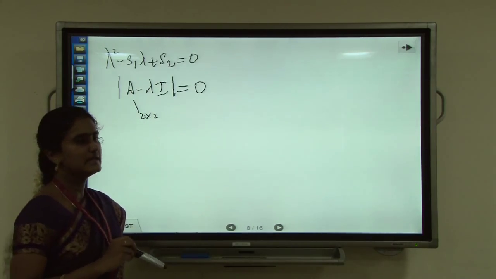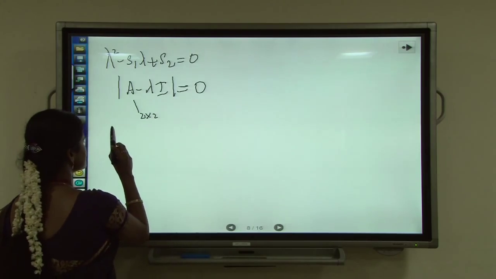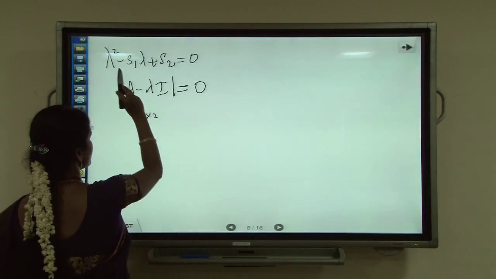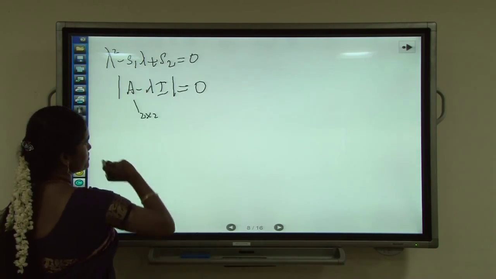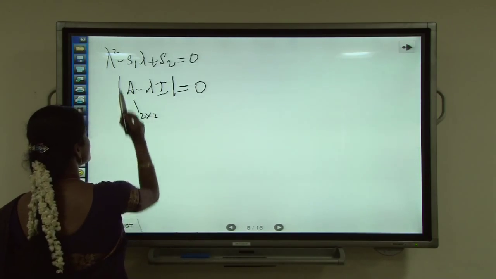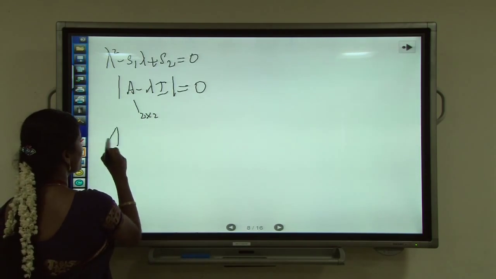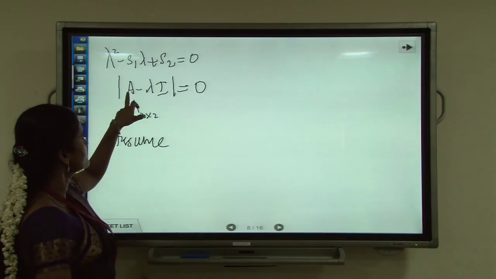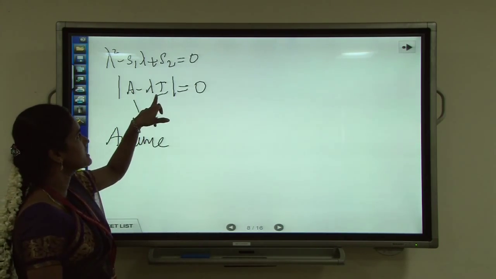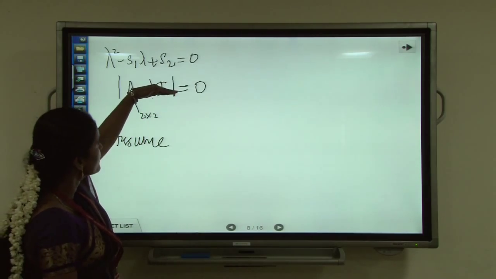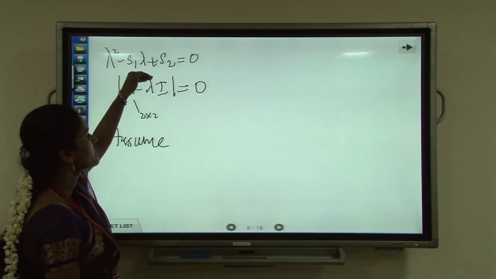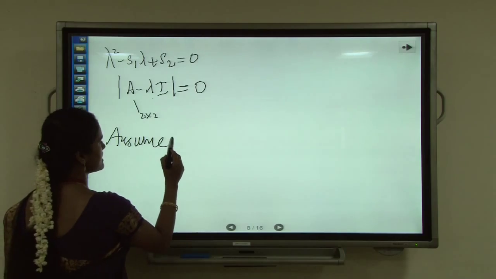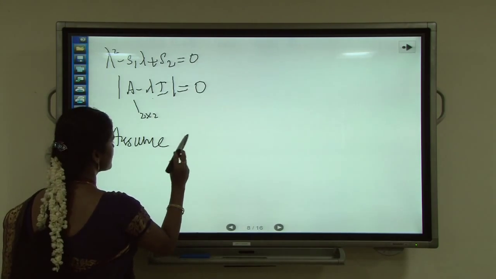In short, there is also a shortcut method to find the characteristic equation. When you solve determinant of A minus lambda I is equal to 0, you get an equation of this form, but you can also get it by a shortcut method.